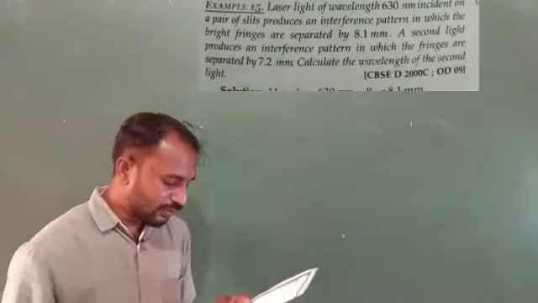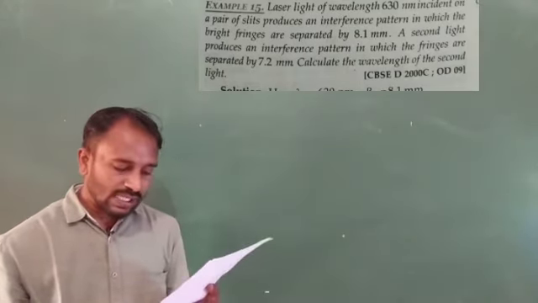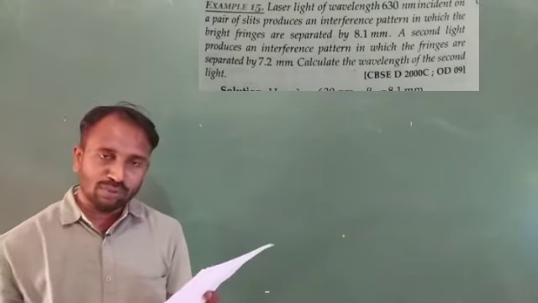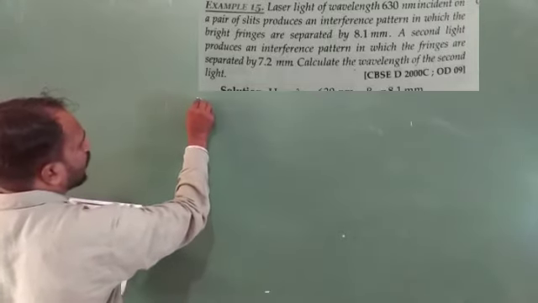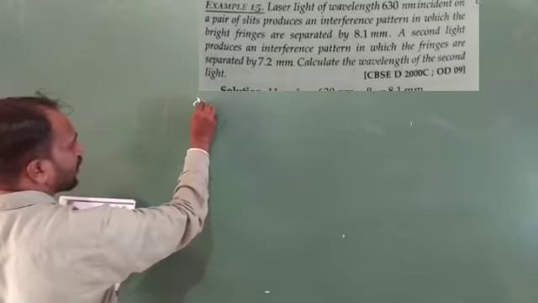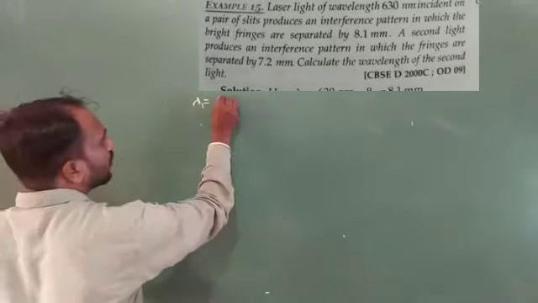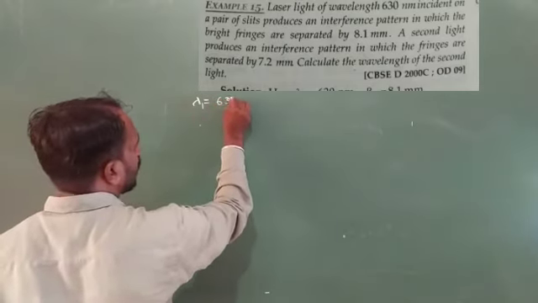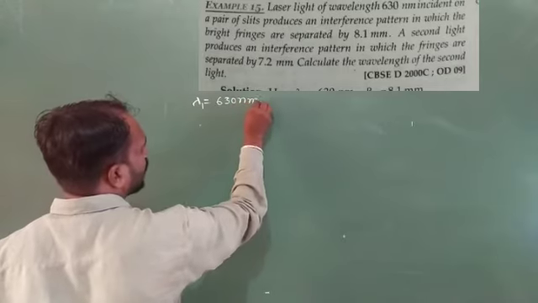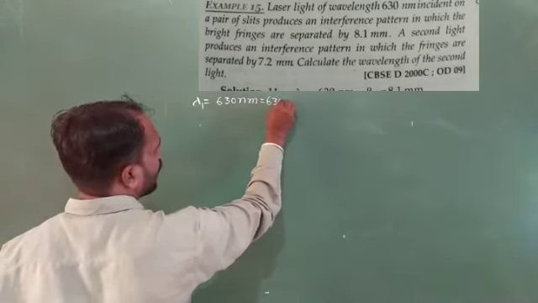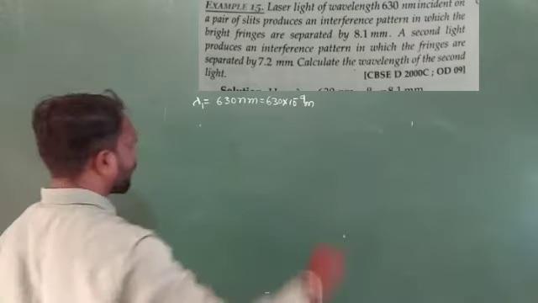So next question. A laser light of wavelength 630 nanometer. Here, given a laser light, we consider lambda 1. Lambda 1 value is 630 nanometer, which means 630 into 10 power minus 9 meter.